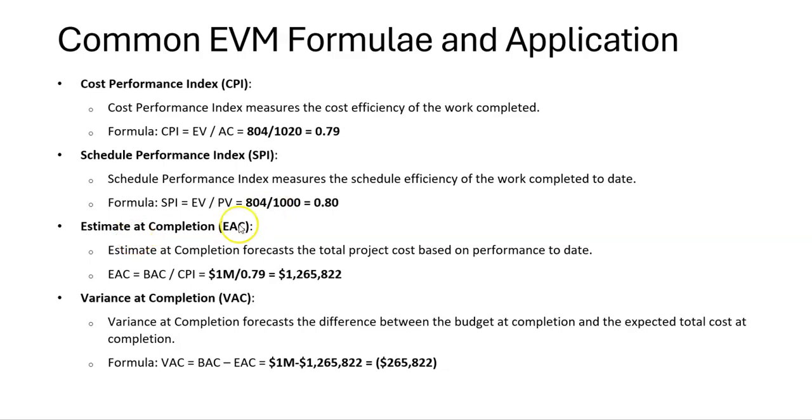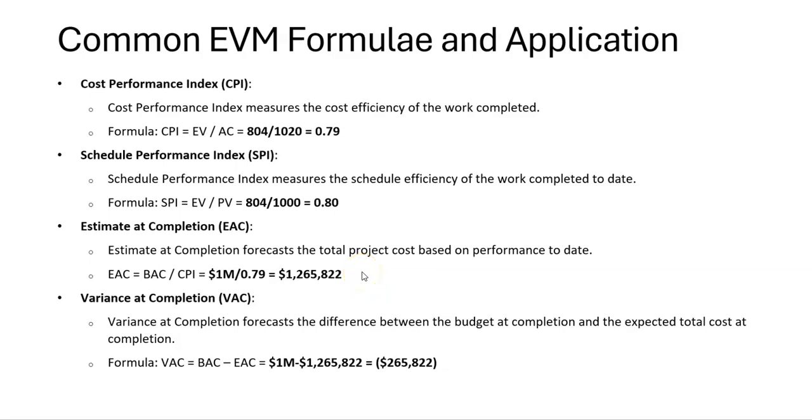So what we can use those numbers for, which is interesting, is to calculate the estimate at completion, which means if we continued in the current mode of 0.79 and 0.8, our estimate at completion would be this number right here: the budgeted completion, which is the $1 million that we talked about in the first lesson, divided by 0.79 efficiency, means our dollar value for estimated completion is going to be 1.265 million.